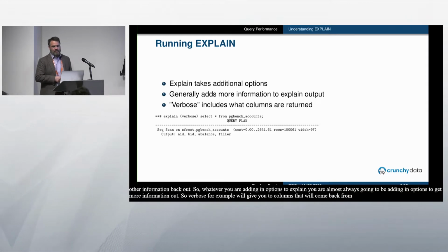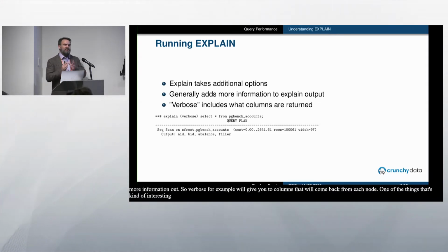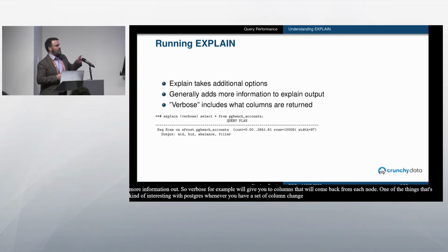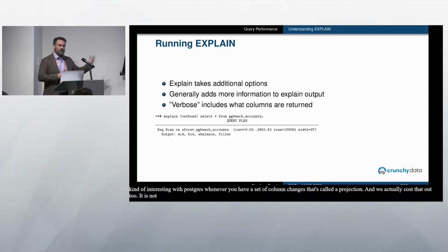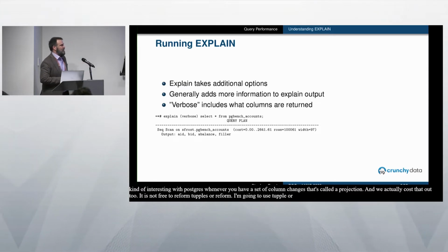One of the things that's interesting with Postgres is that whenever you have a set of column changes, that's called a projection. And we actually cost that out too, because it's not free to reform tuples. I'm going to use tuple and row interchangeably. If anybody's confused by any of the language that I use, please feel free to speak up and ask.